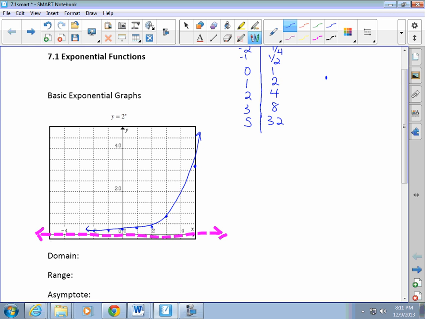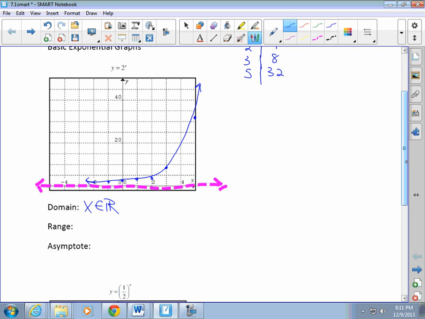This would get closer and closer to that asymptote, but it would never cross it. So your domain for this would be all real numbers. I can use any x value that I wanted, positive or negative, and even 0. My range, though, it's never going to touch that 0 line, so your range is going to be everything greater than 0. Your asymptote, then, is at y equals 0.